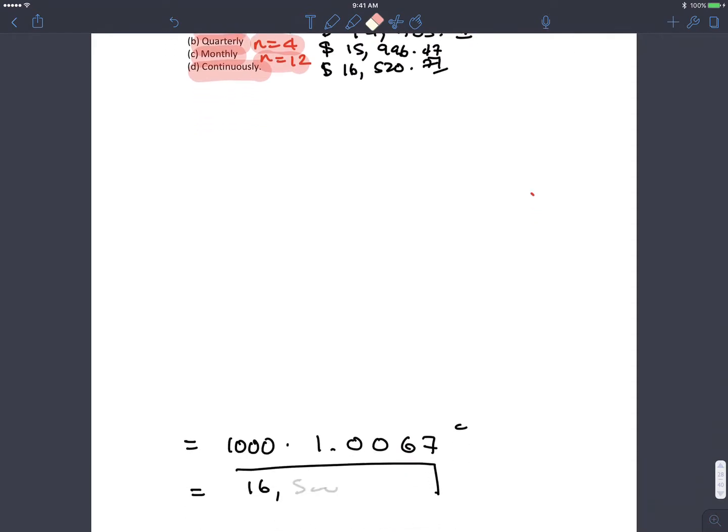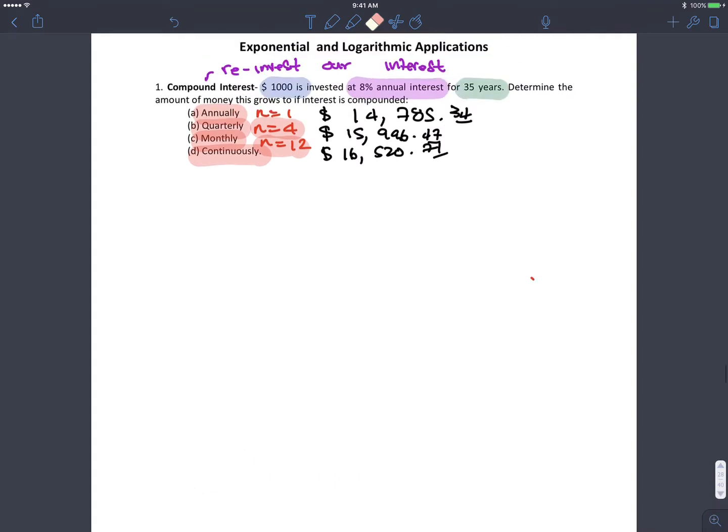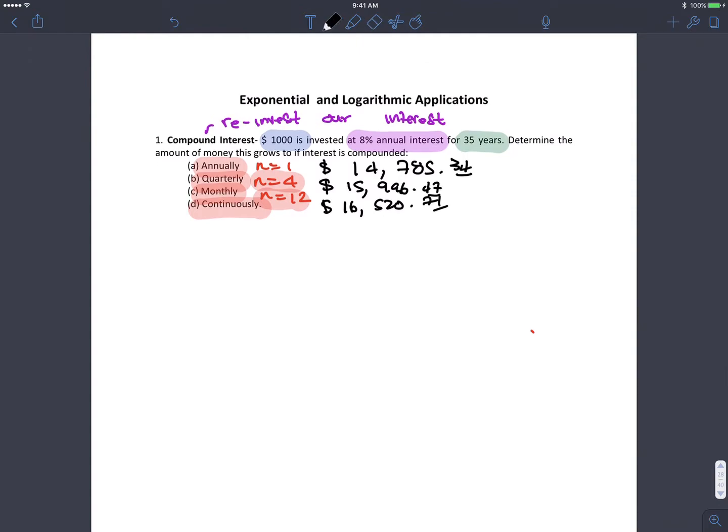So to describe this as being paid continuously, it's almost like saying our interest is actually getting compounded instantaneously. Meaning you get instantaneous interest payments, or we should say a continuous reinvestment of our interest. And that's what we're looking at. So the number of interest payments in a year gets arbitrarily big.